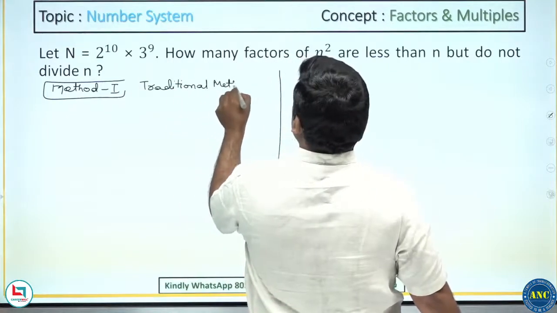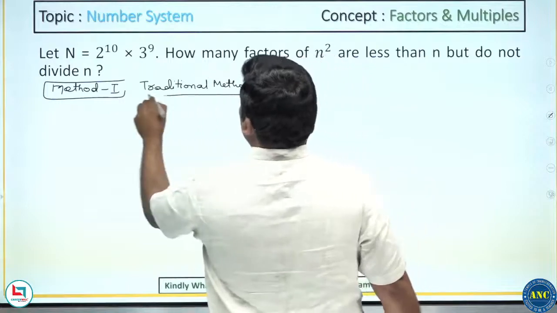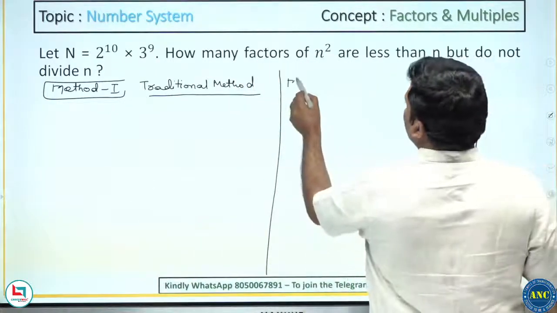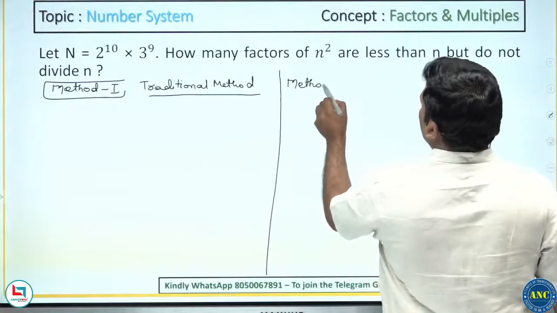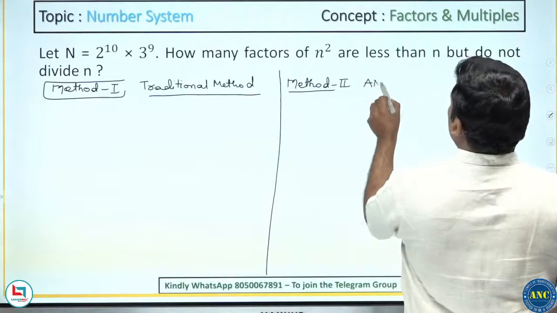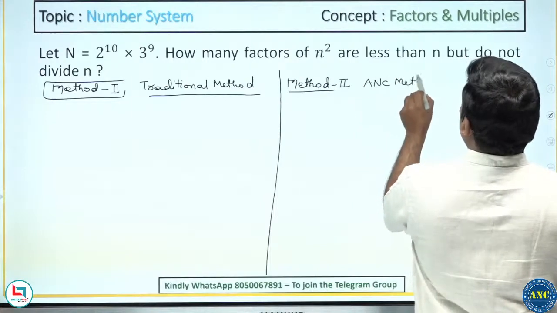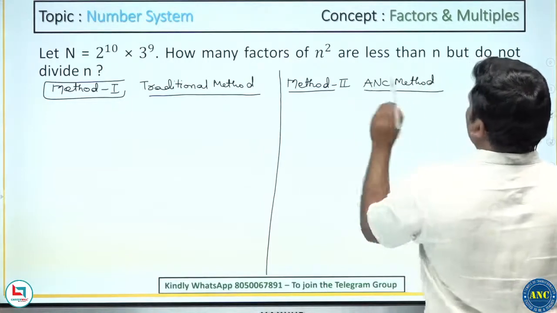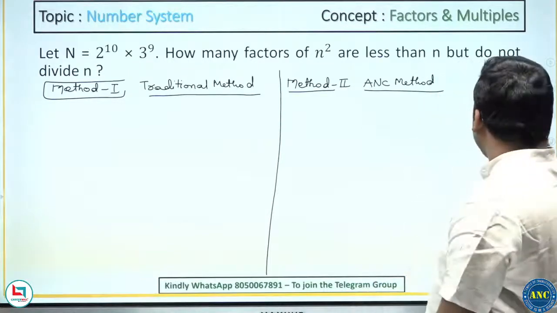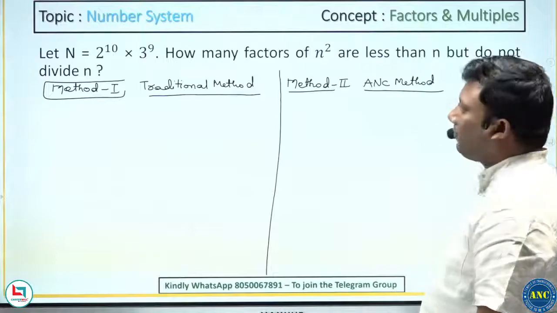Traditional method will be useful if there are 3 prime bases. Method 2, the ANC method, directly how to get the answer. Anil Nair Classes method. Method 1, traditional method. Method 2, ANC method.